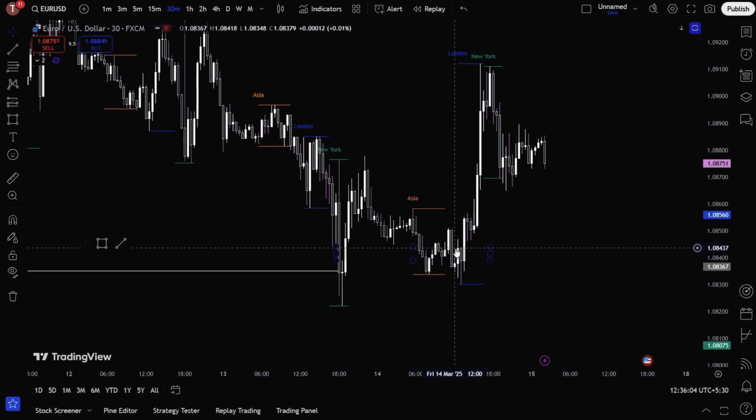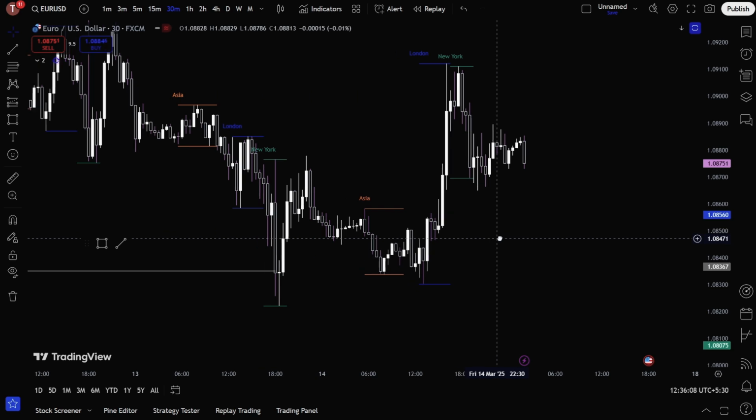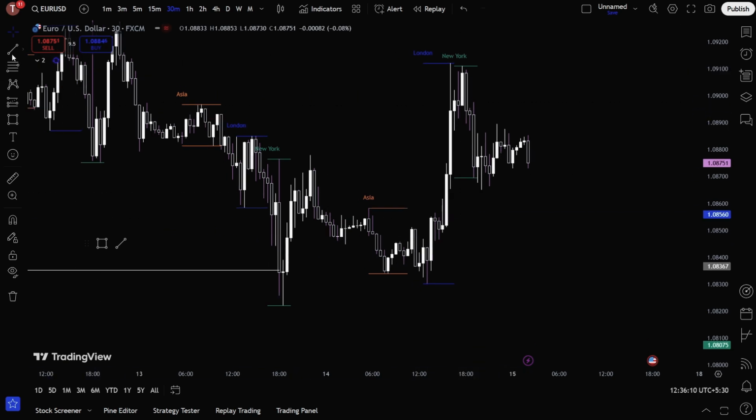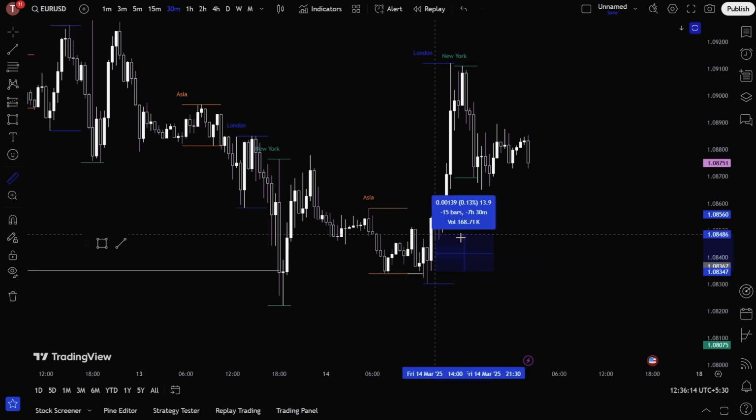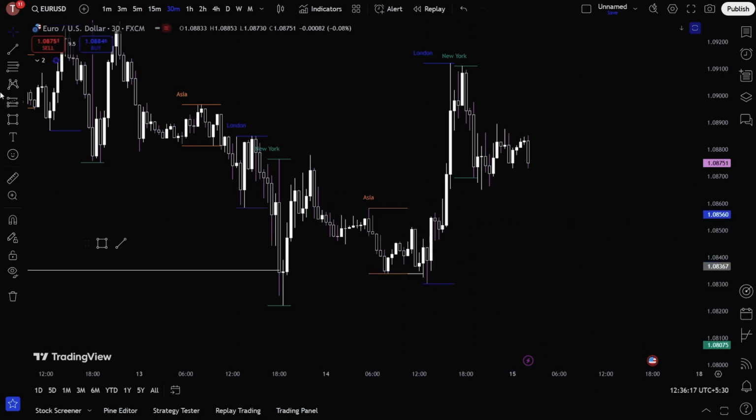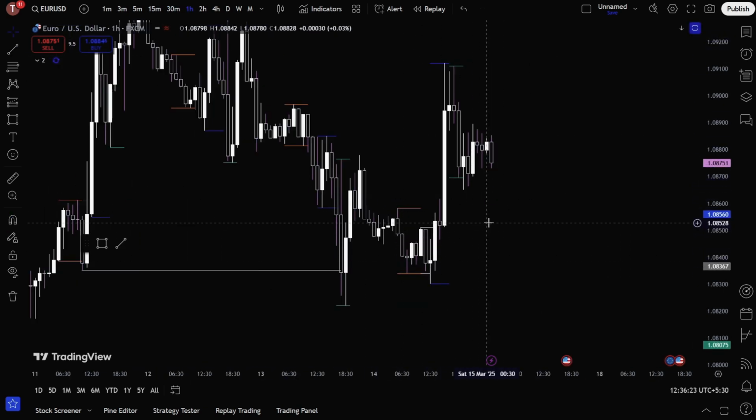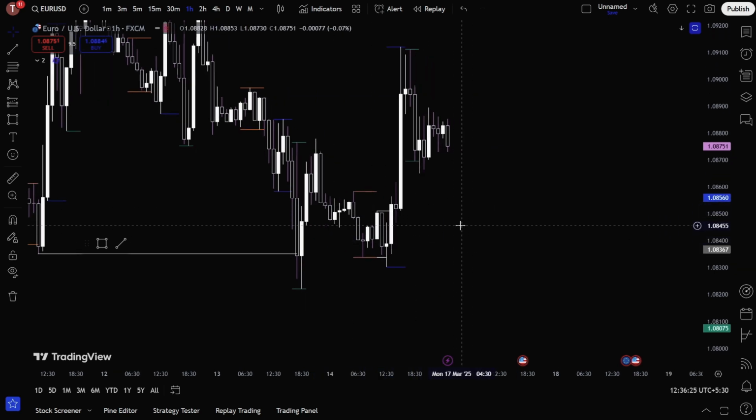But once this Asia session was swept on the Friday, and we swept this Asia low, the price sprung up with really nice momentum over here with a candle closure above it.